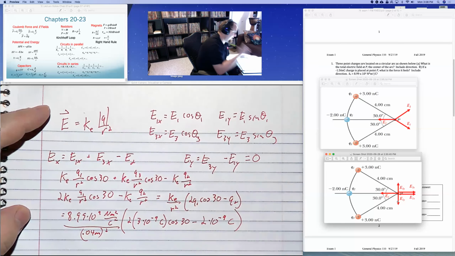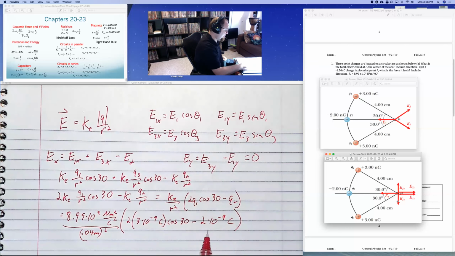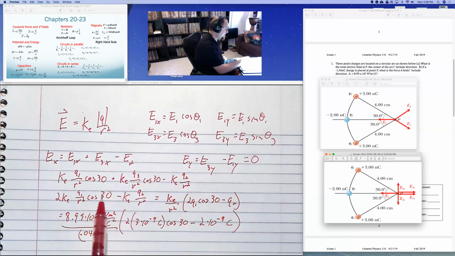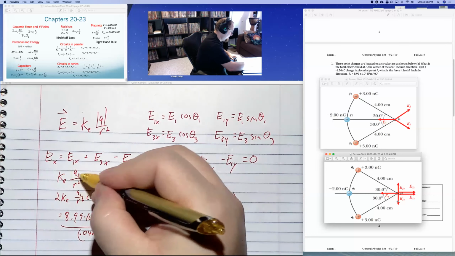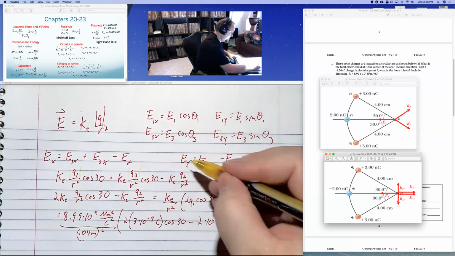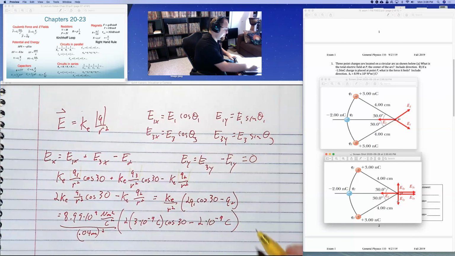Now I'm going to point something out here. Note that I plugged in a positive 2 for Q2. That's because, once again, I'm doing absolute value here. I'm not drawing my absolute value on every step, mostly because if I did, it just gets really messy and ugly. But theoretically, because I was doing that with the absolute value, there should be a whole bunch of lines there. The negative sign is just direction. I've already accounted for the direction, so I'm not going to bother putting it in again.